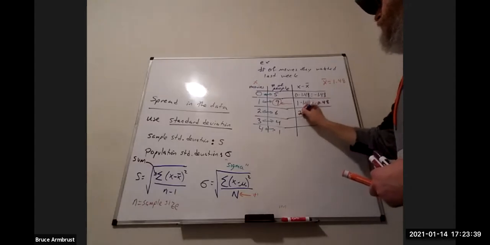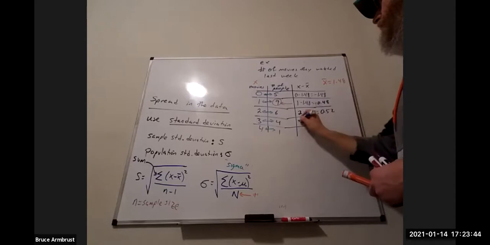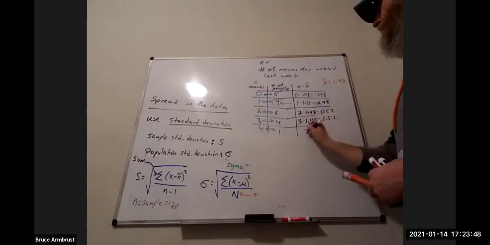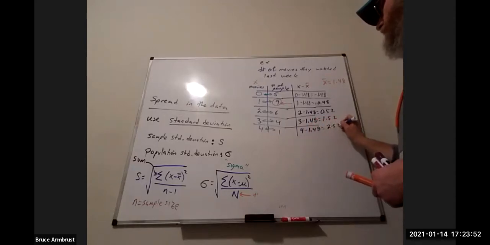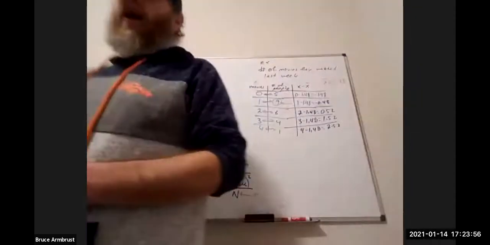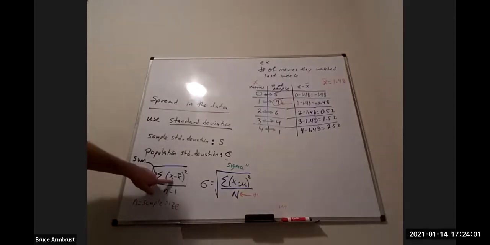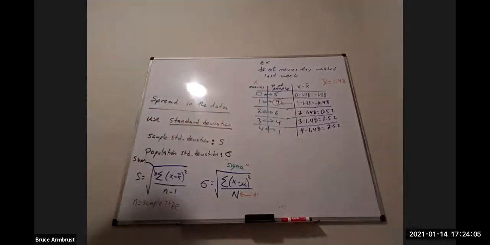And I'm going to take 2 minus 1.48, which is 0.52. 3 minus 1.48 is 1.52. And 4 minus 1.48 is 2.52. Okay, so I just calculated that number, x minus x bar, right here. Calculated that for each of these x's.